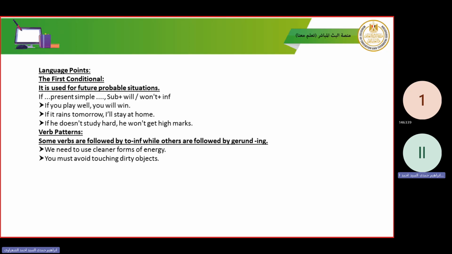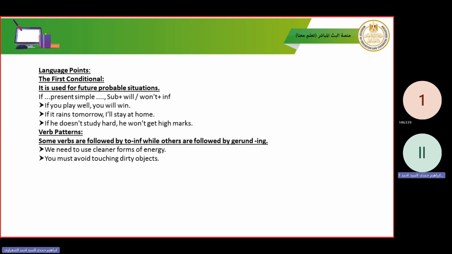He finished to read, to reading or reading the story? Of course, he finished reading the story. Likewise, he practices doing, to do or do? Of course, he practices doing. So there is a group of verbs in English that are followed by to infinitive and another group of verbs that are followed by gerund or verb-ing.